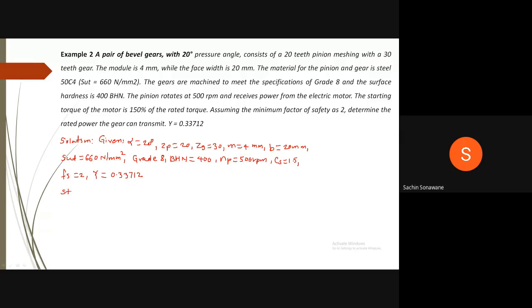Now first of all we will determine beam strength as usual. Therefore step 1, beam strength. Now they have given that material for the pinion and gear is steel.